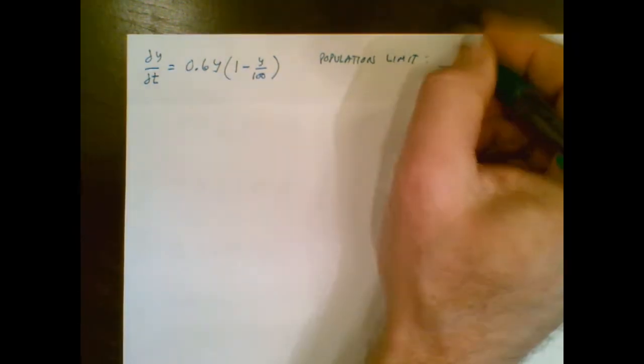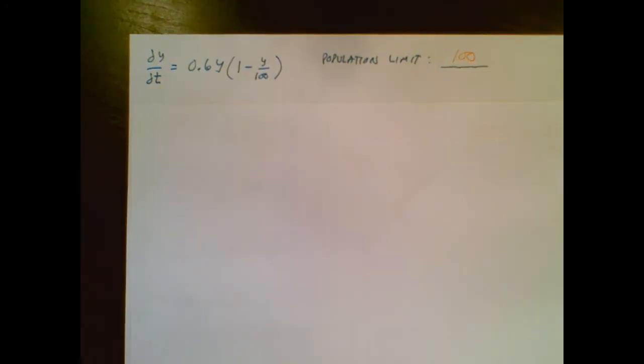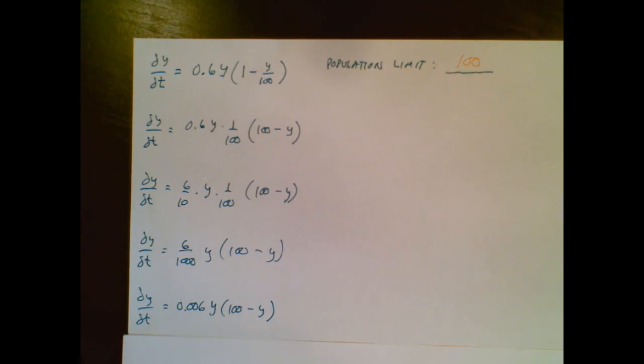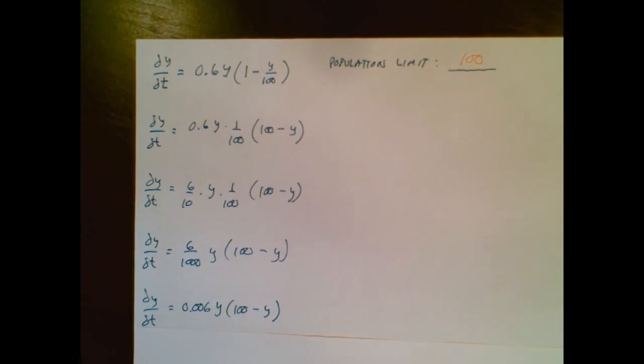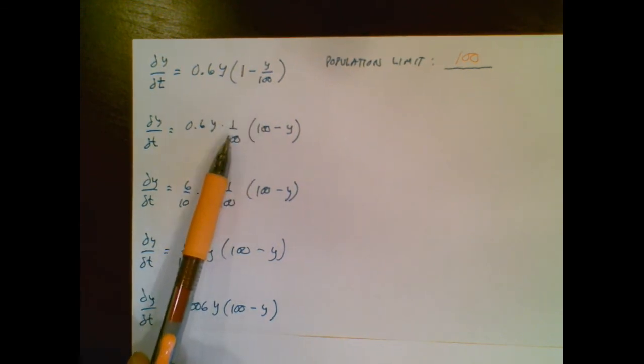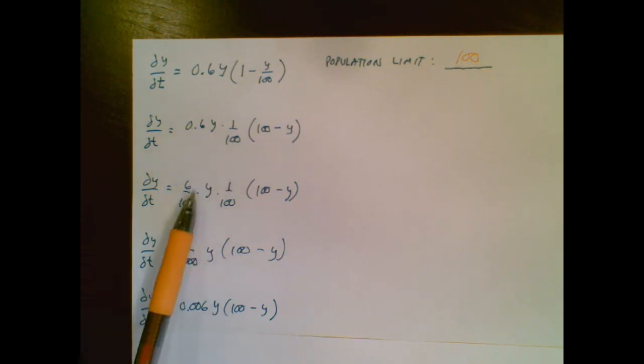I look at this and I would say, hey, that population limit better turn out to be 100 or math is broken. I'm going to unveil all these steps at once, and you can pause it and digest them if you want. Basically, I'm factoring out that pesky 100, and then I've got some issues here that I can eventually turn into a decimal if I wanted them to be a decimal.